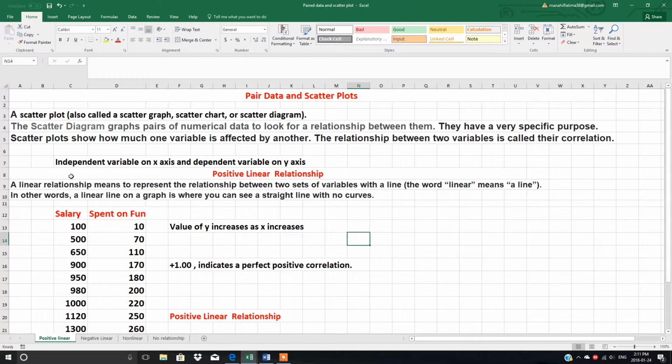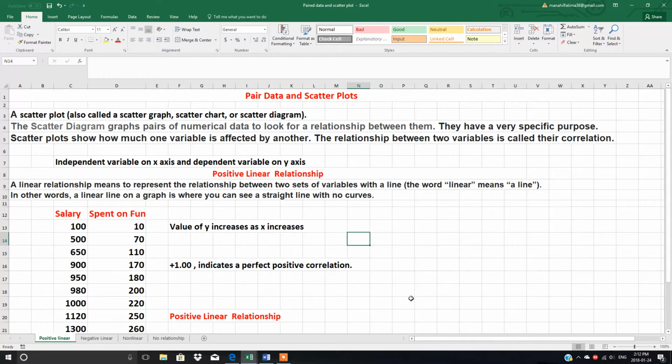Here I have mentioned that one is called the independent variable. Salary is independent, so we take salary on the x-axis, because the amount you spend on fun depends on your salary. If your salary increases, then you can increase the amount you spend on recreation. So spending on fun is dependent on salary, and salary is independent.